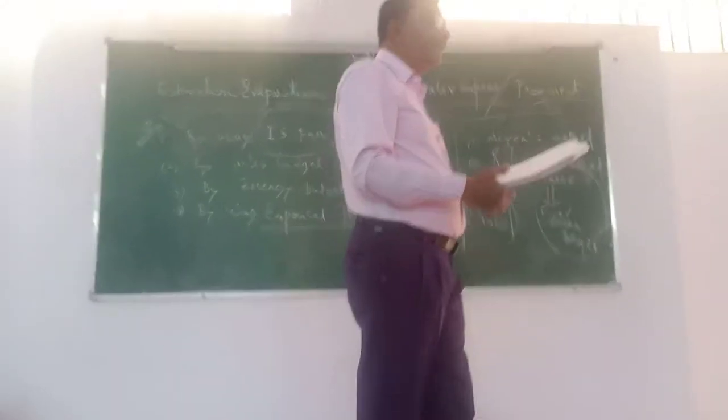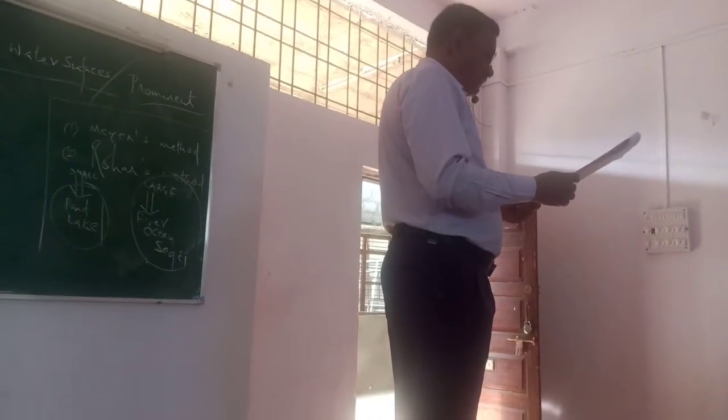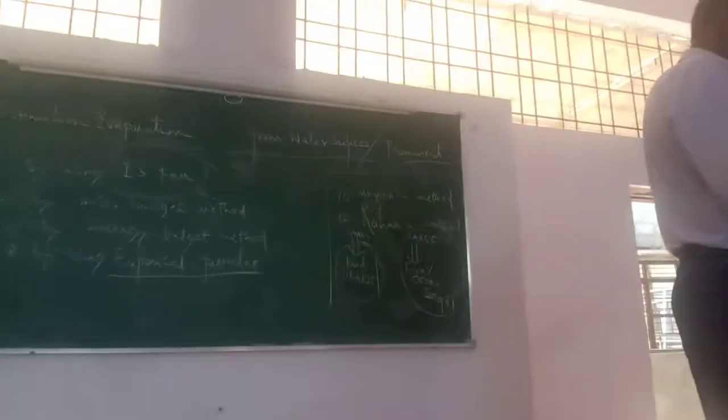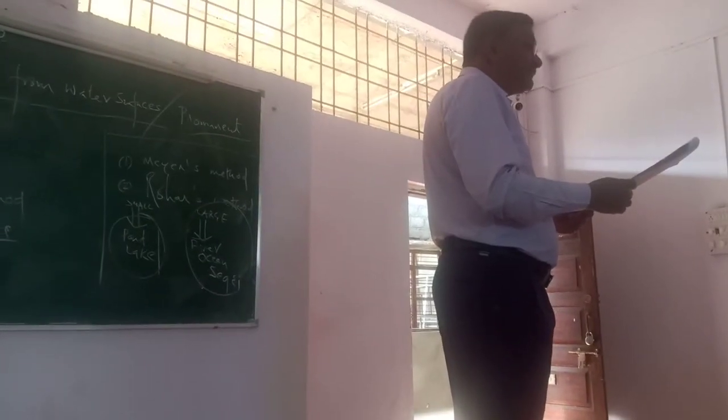Number three, water budget method. Number four, energy budget method. I think I have already written everything on the blackboard. The last one, fourth, is the energy budget method.